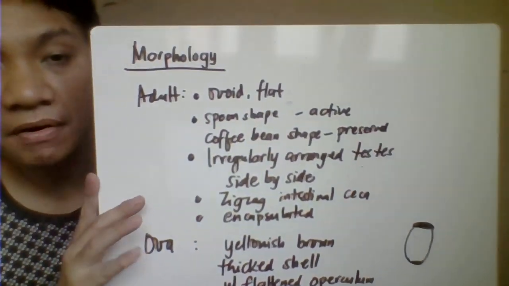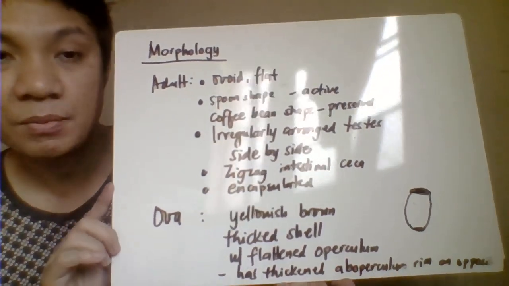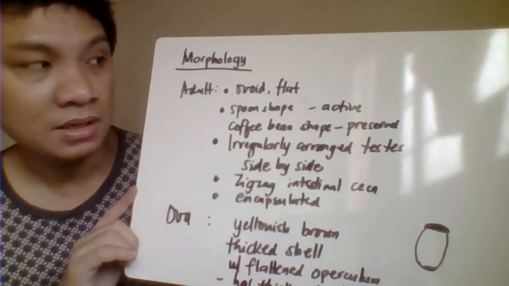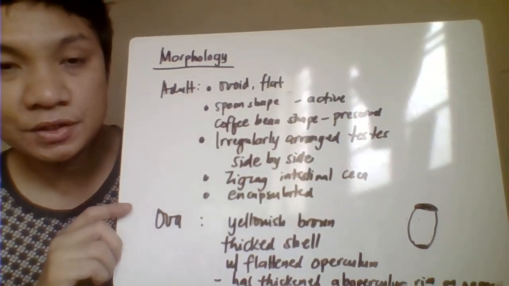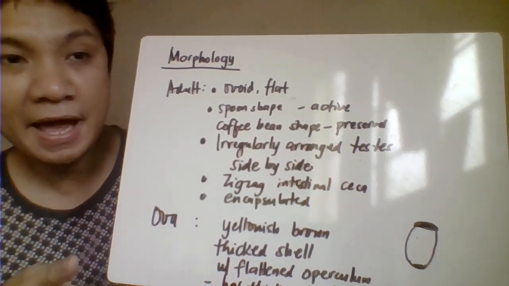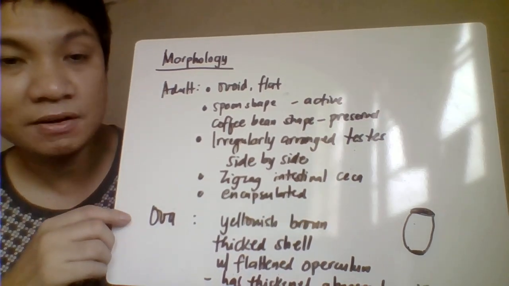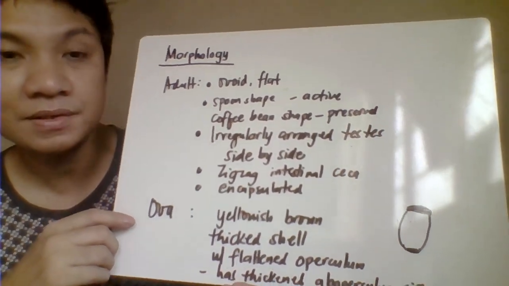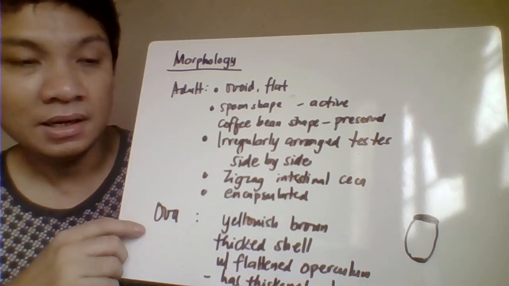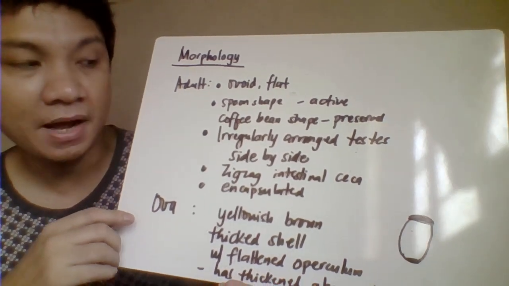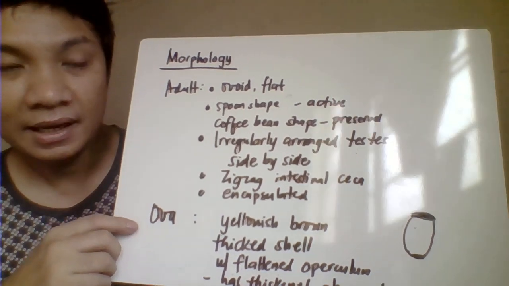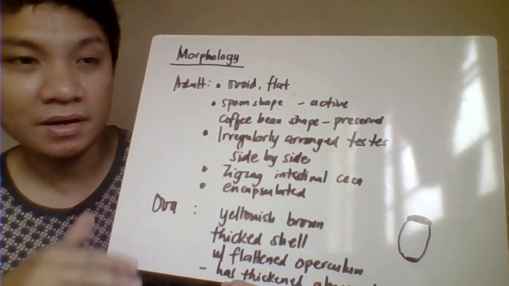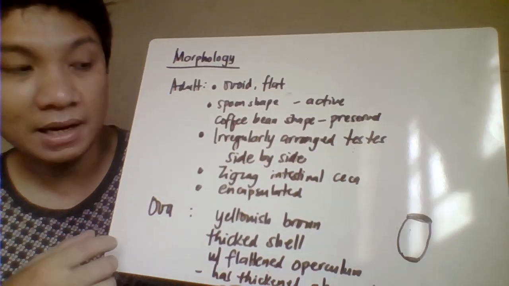Okay, for the morphology of your Paragonimus westermani, adult worm is ovoid, it's flat. It's described here as spoon shape when alive or active. It's coffee bean shape when preserved or killed. The adult worm is also characterized here by irregularly arranged testes, and they are arranged here side by side, one on the right and another one on the left.